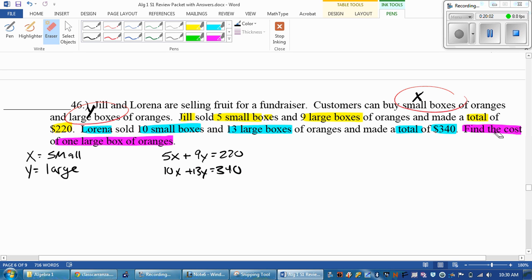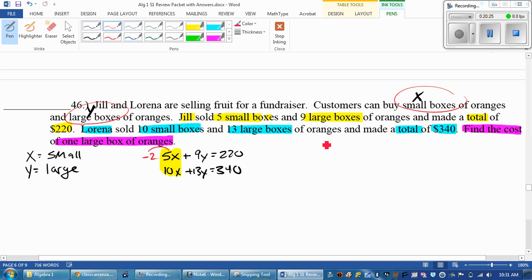It says find the cost of the large boxes. So if I want the large boxes, it means I can eliminate the small boxes. So what would I multiply to get rid of the x's? Yeah, I'm going to multiply the top by a -2.